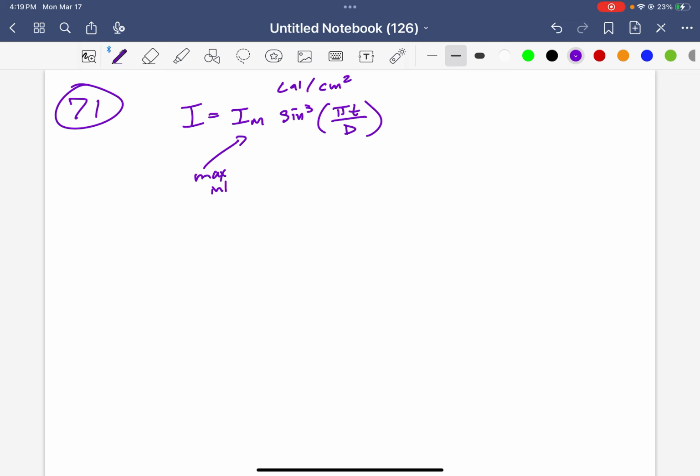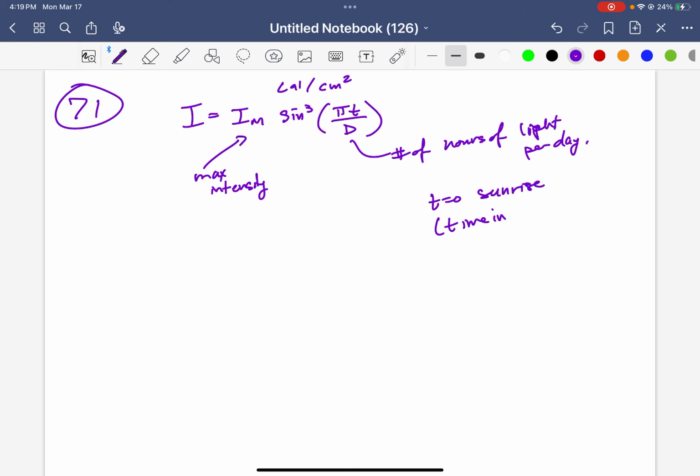So it's a maximum intensity. D is, on a clear day, the number of hours of light per day. T equals 0 is sunrise, and T is time in hours.